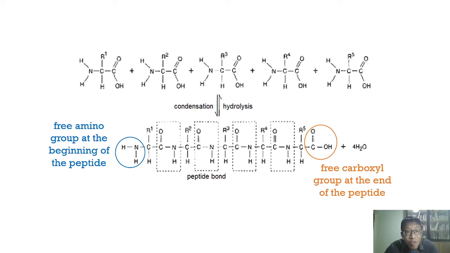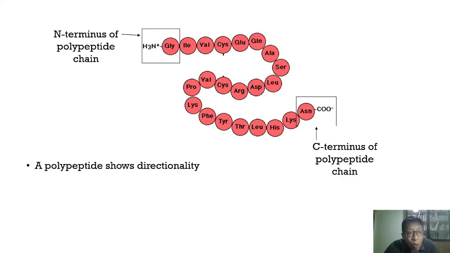These are free groups, and they are labeled as the N terminus and the C terminus of a peptide chain. In this case, you have a longer peptide chain, so we call it a polypeptide chain.